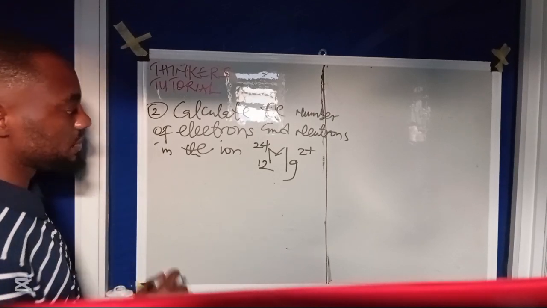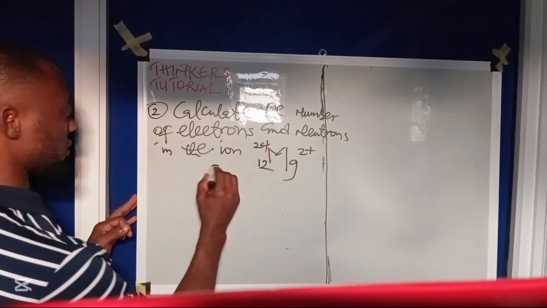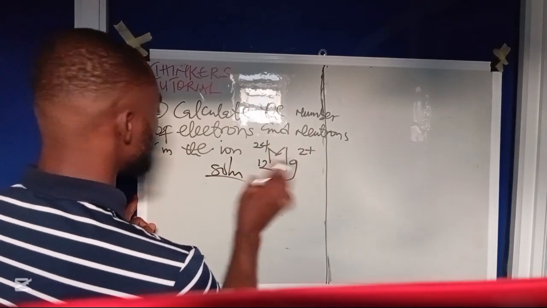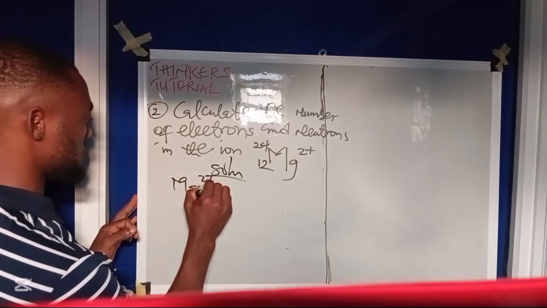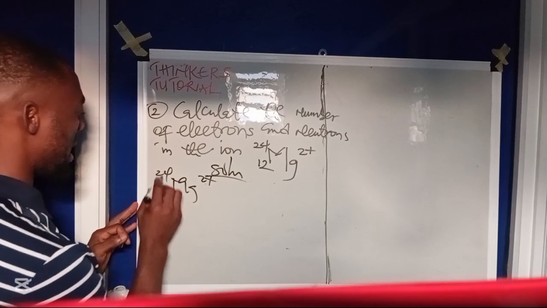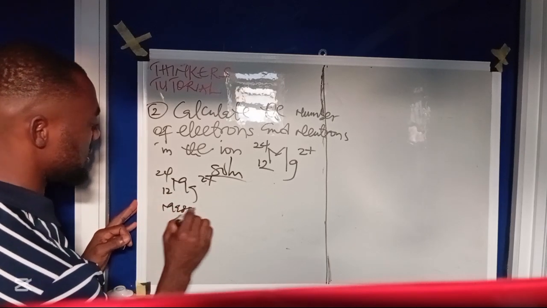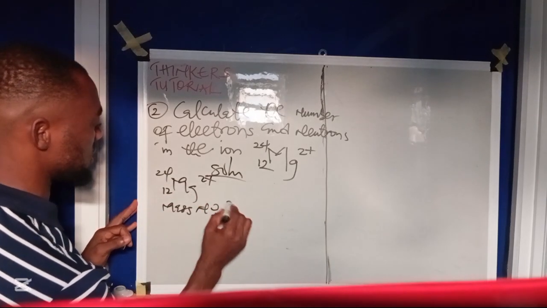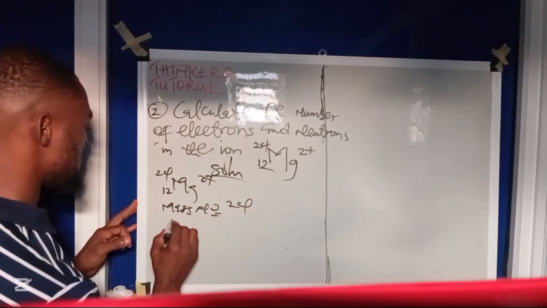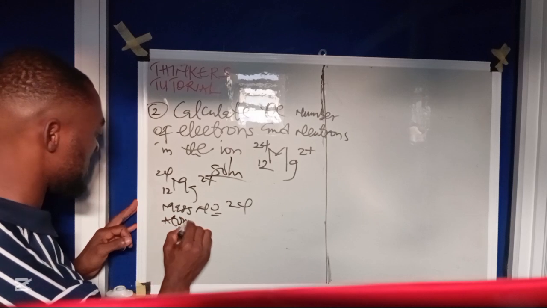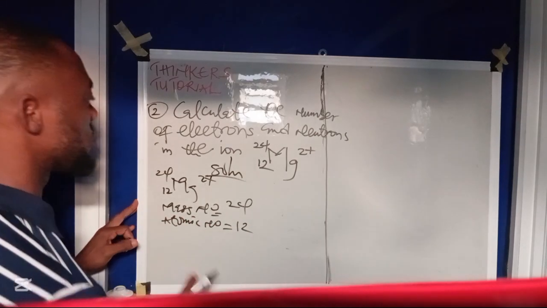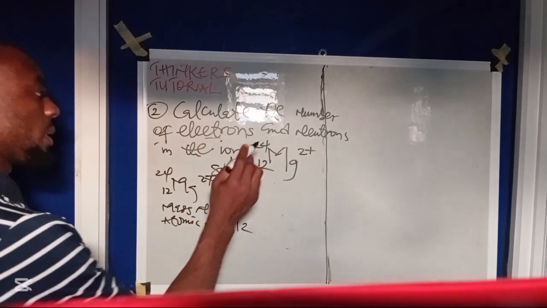Without wasting much of our time, from this magnesium ion, our mass number is equal to 24. Our proton number P, our atomic number, is equal to 12. But the question says we should calculate the number of electrons and the number of neutrons.